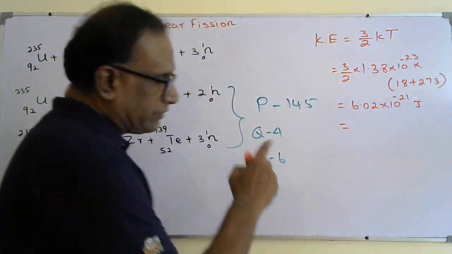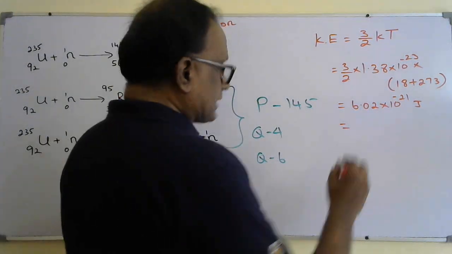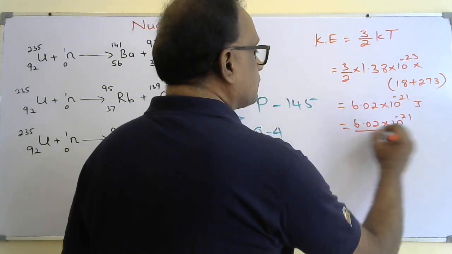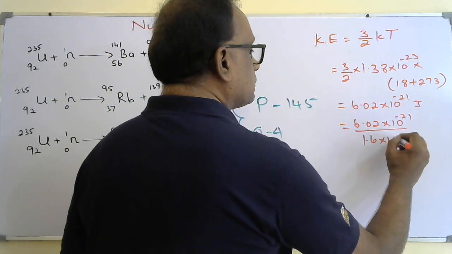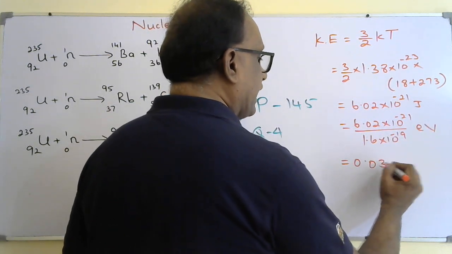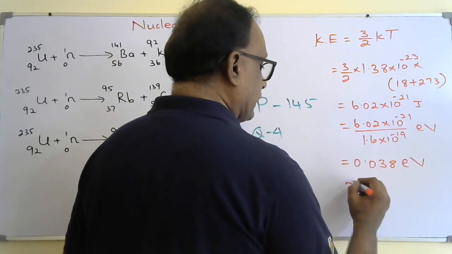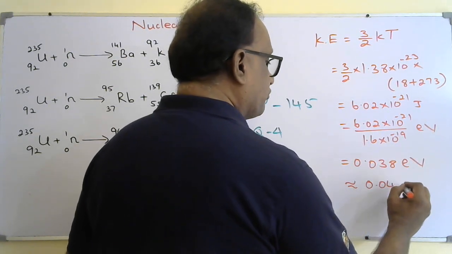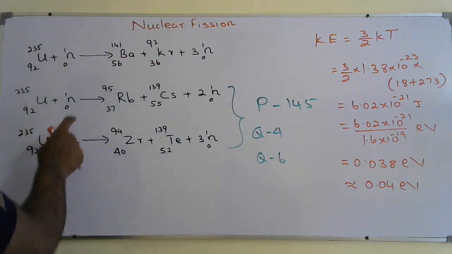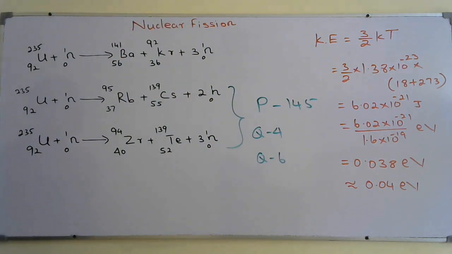Convert to electron volt, divide by 1.6 times 10 to the power minus 19. That will be 0.038 electron volt approximately, we can say 0.04 electron volt. So that's the kinetic energy of the thermal neutron. Not much, very low.